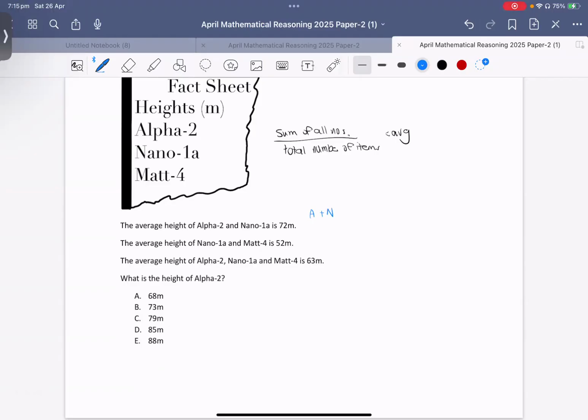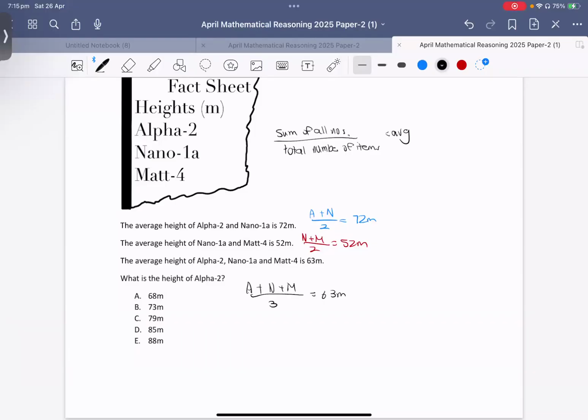If we sum their two heights together, we need to divide by 2 to give us 72 meters. The average height of Nano 1A and Mat 4 is 52 meters. And we know the average height of all three, Alpha plus Nano plus Mat, divided by 3 this time because there are 3 items, gives us 63 meters.